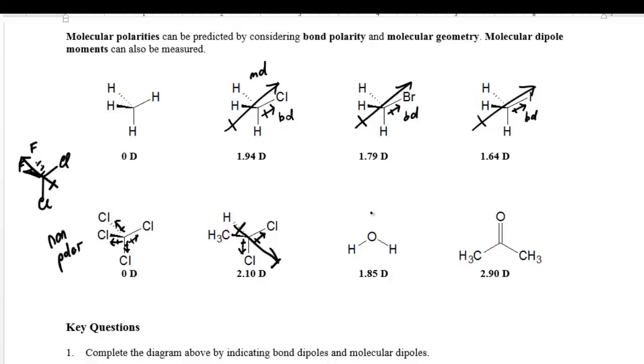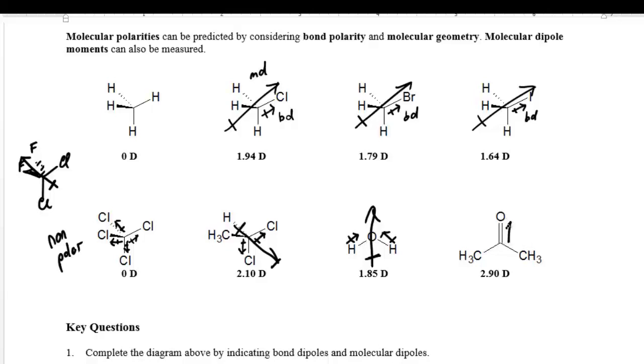Now, of course, water is definitely a polar molecule. And based on its bent molecular geometry, and based on the fact that we've got bond dipoles in the direction of hydrogen to oxygen, overall there would be a molecular dipole in the direction of the oxygen. And then finally, in the case of acetone, I'm not going to worry about the carbon-carbon bond, but rather the carbon-oxygen bond.